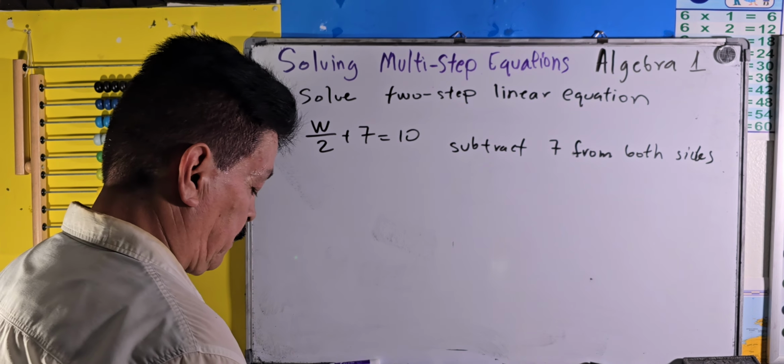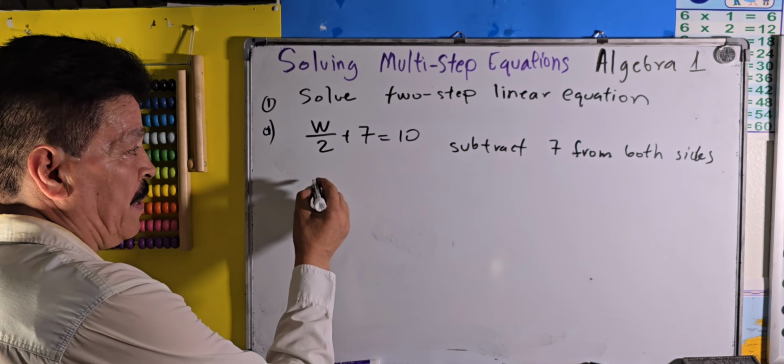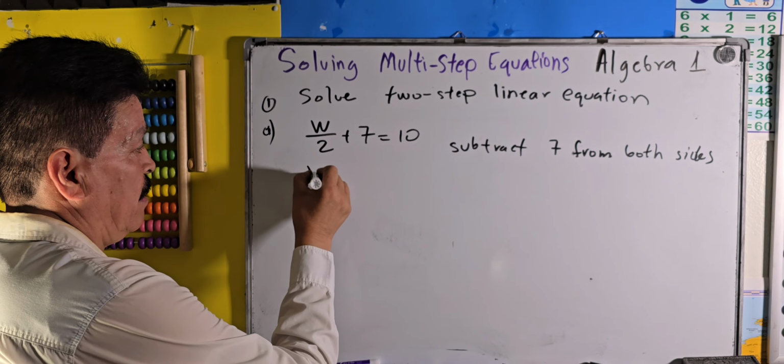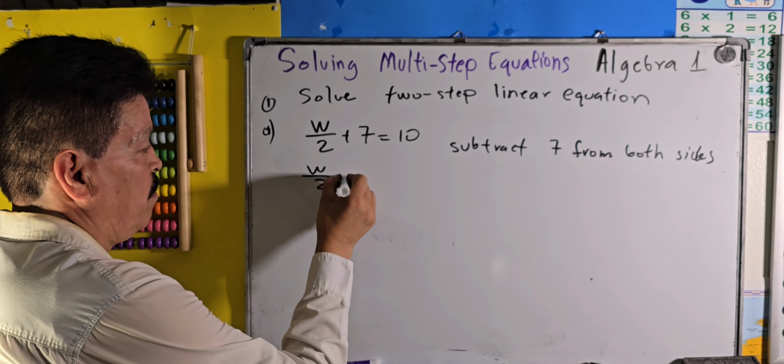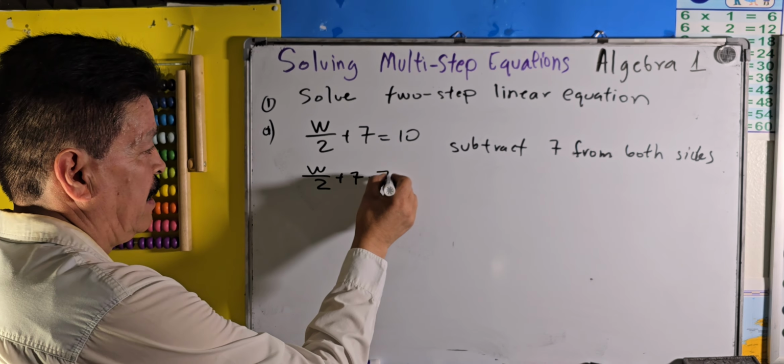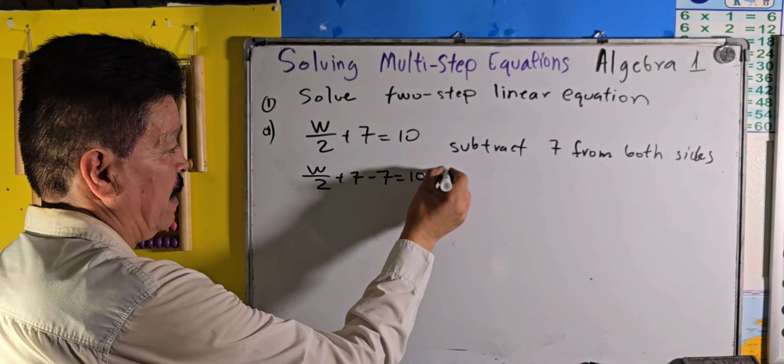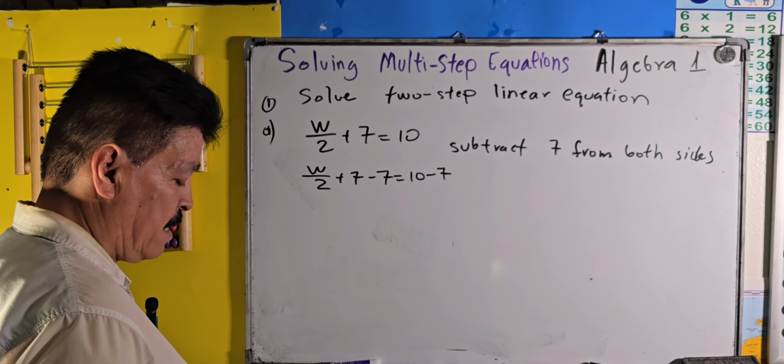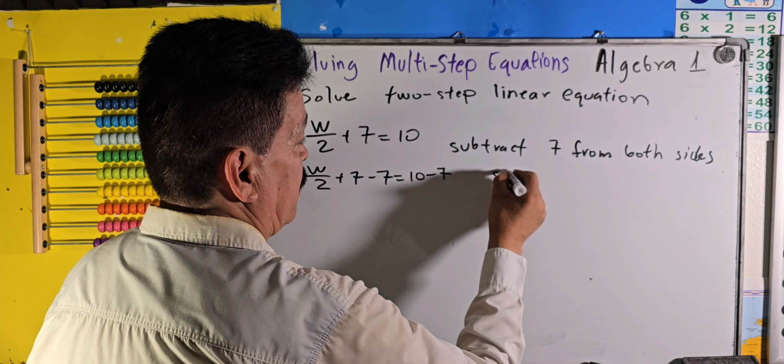All right, and then we will have W divided by 2 plus 7 minus 7 equal to 10 minus 7. Now we have to simplify.